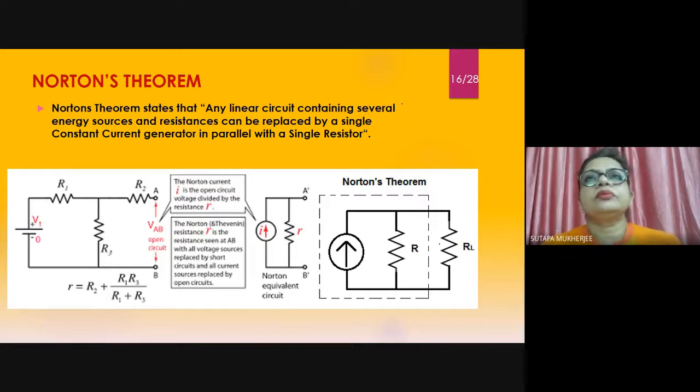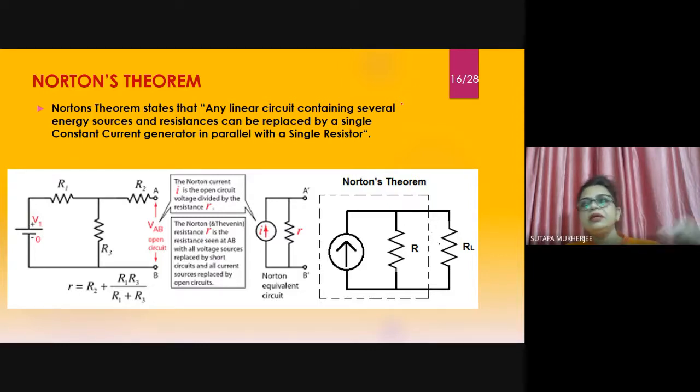So up to this we have finished KCL, KVL, superposition theorem, and Thevenin's theorem. Now come to Norton's theorem. In case of Thevenin's theorem, what was there? The total complicated circuit will be simplified into such a circuit.